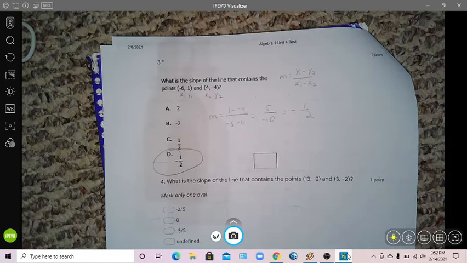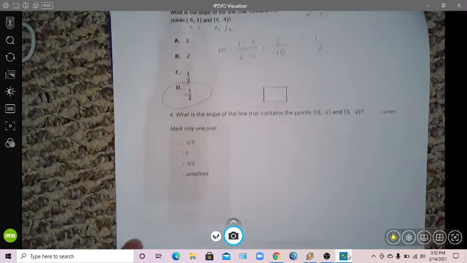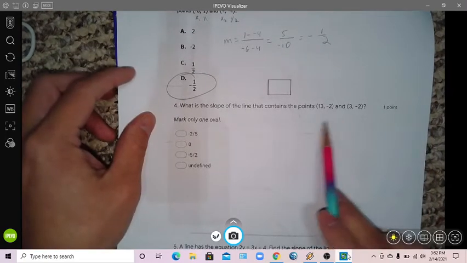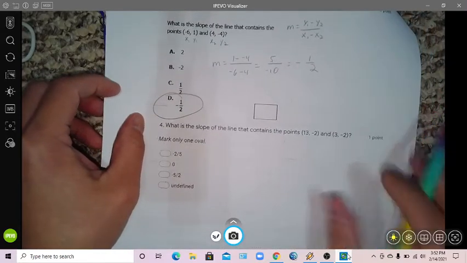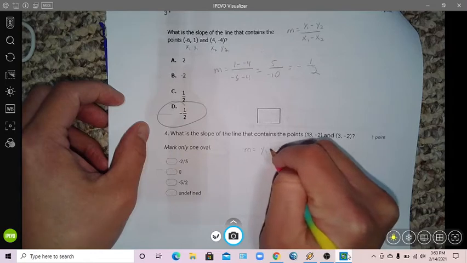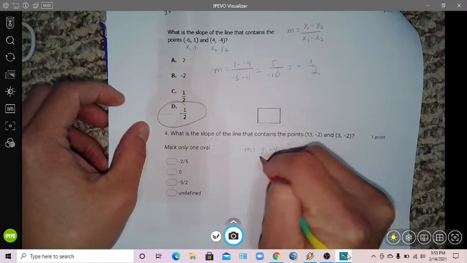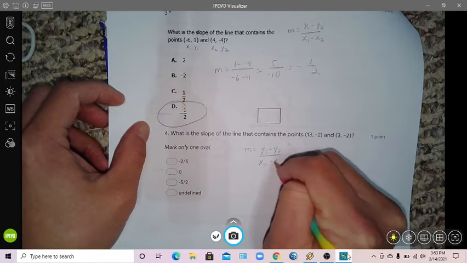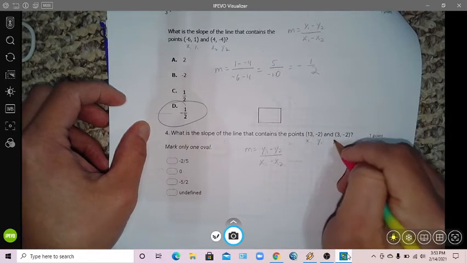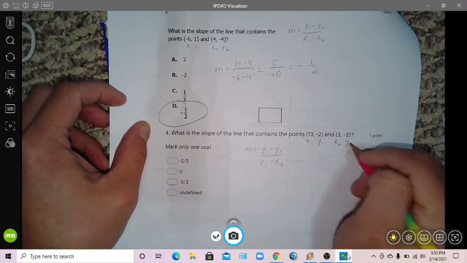Alright, number 4. What is the slope of the line that contains these 2 points? Okay, so we're going to use the same formula. M equals y1 minus y2 over x1 minus x2. Let's label this x1, y1, x2, y2.